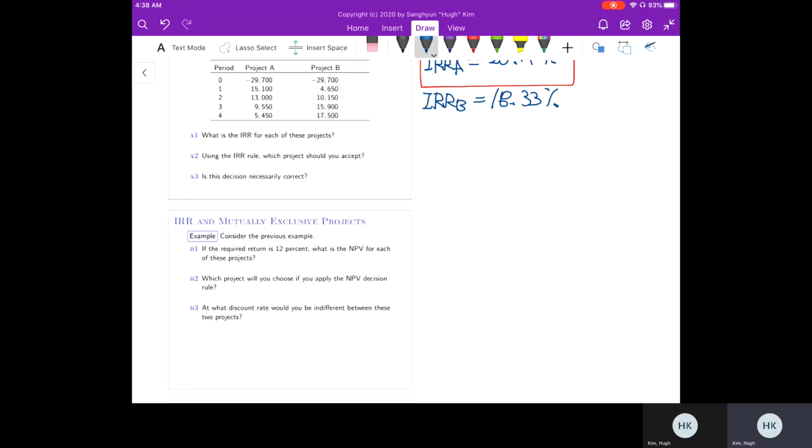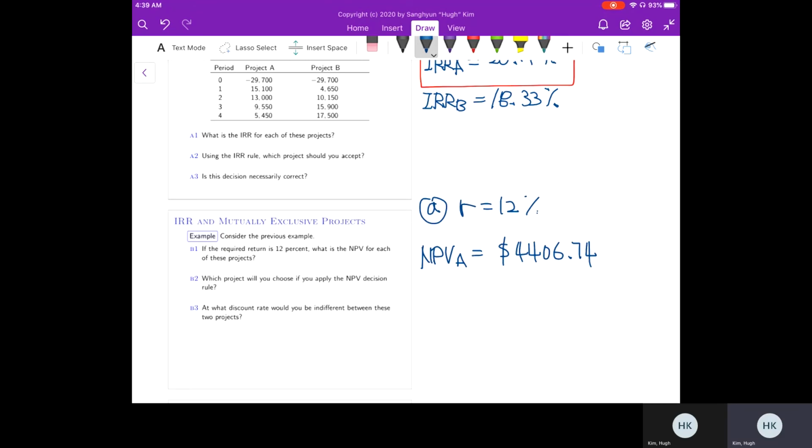At 12% required return, if we compute NPV for project A, we will get $4,406.74.